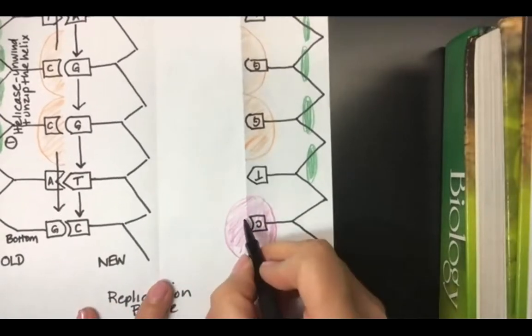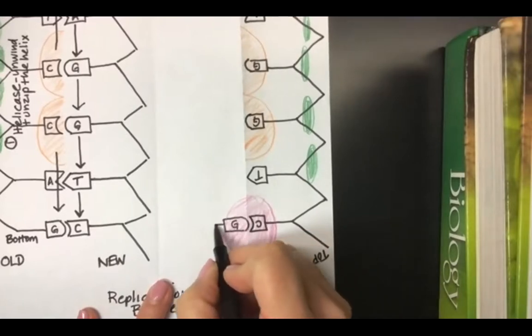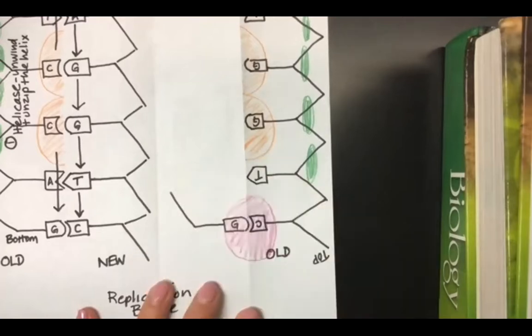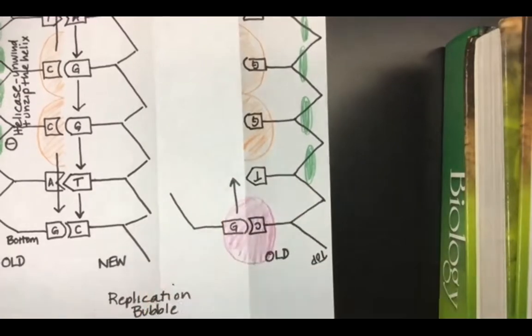And I'm just going to draw one nucleotide going in place here, which is my G. It is going to be moving in the opposite direction. It's going to be building in the opposite way. And it's going to continue until it can't do that anymore.